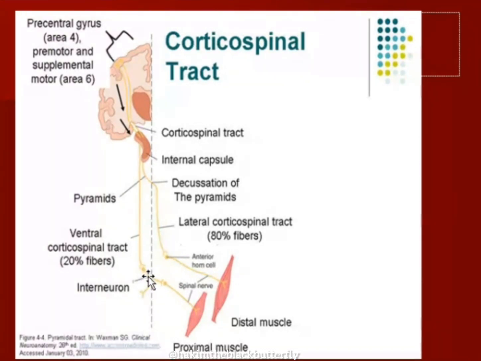This interneuron is going to transmit impulses to the opposite side and also the same side, where it will synapse with lower motor neurons, which will transmit those impulses to the muscles of the body. So this is how the ones which remain on the same side and don't decussate at the pyramids behave.